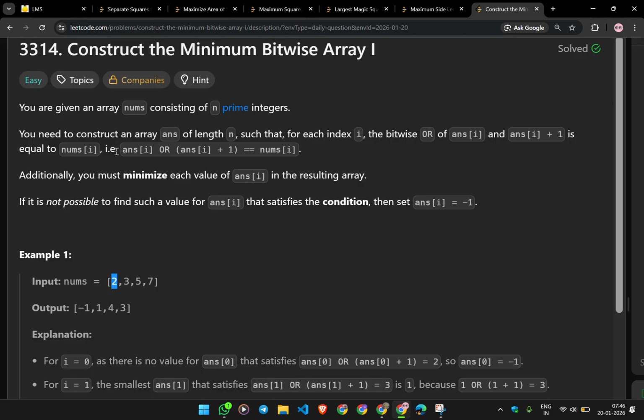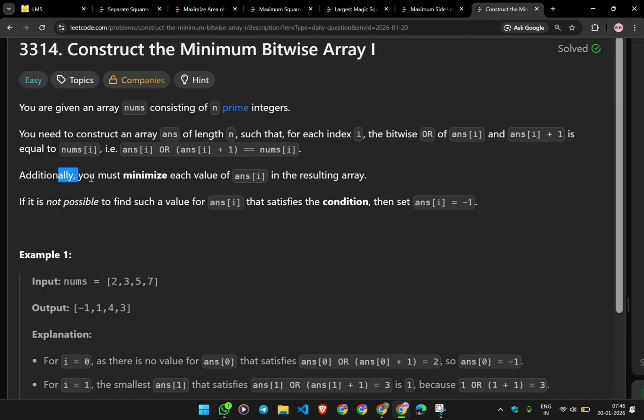Here it is not XOR, this is only the bitwise OR operation. So we have to form this type of answer array.